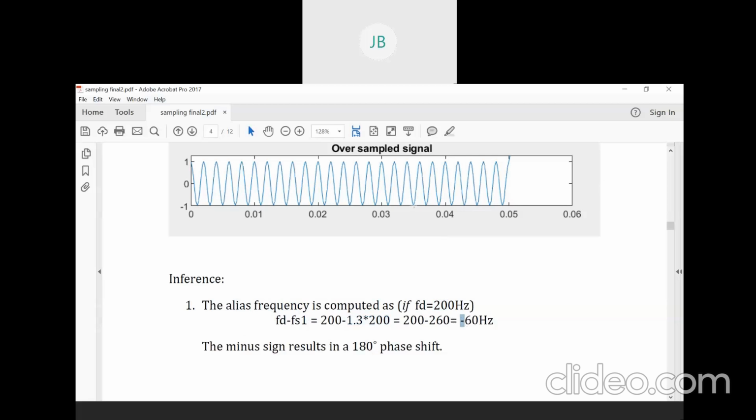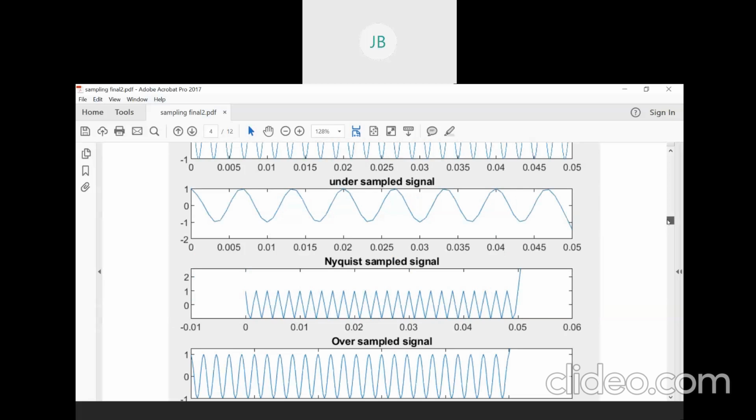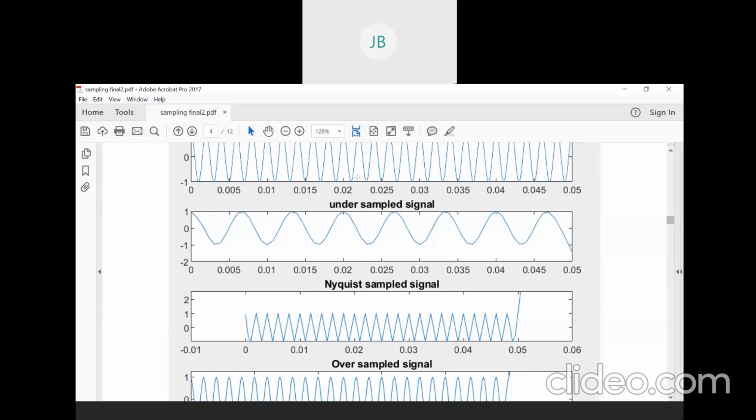In this example, when we plotted this, we considered 500 hertz and performed the undersampling at 1.3 times 500 hertz. So the difference between 500 and 1.3 times 500 becomes the aliasing frequency in the case of the undersampled signal.